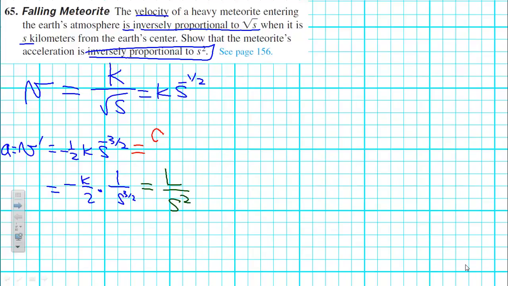I took the derivative of the velocity with respect to which variable? With respect to s, because s was the variable that was in the equation. The change in velocity with respect to position is not acceleration.